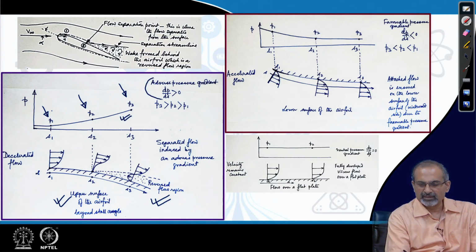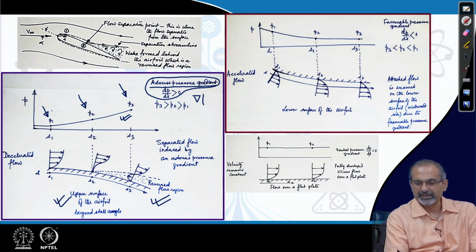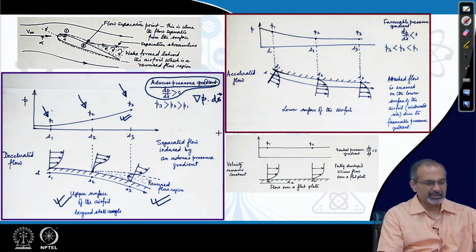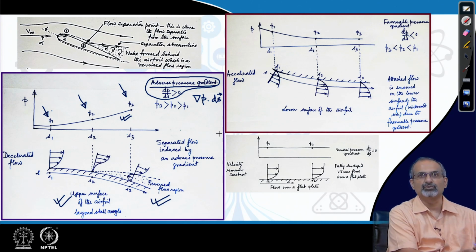When pressure increases as you move along the body, then we have a situation of adverse pressure gradient, dP/ds greater than 0. You remember that we talked about gradient of P, and then we talked about dotting it with ds, and we said that that gives you a directional derivative, and if the directional derivative is dP/ds here, then the directional derivative happens to be greater than 0.